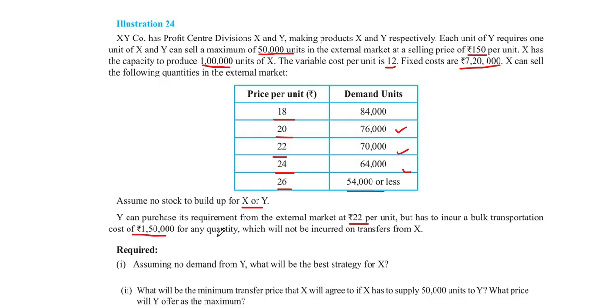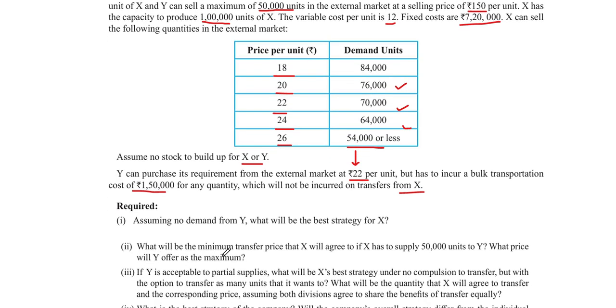This transportation cost will not be incurred on transfer from X. When they transfer from the internal division, the 1,50,000 will not be incurred, but when they purchase from the external market, Y has to bear 1,50,000 as additional transportation cost.